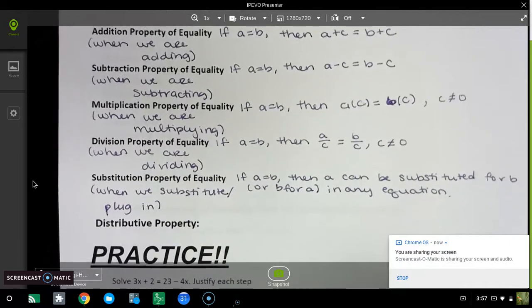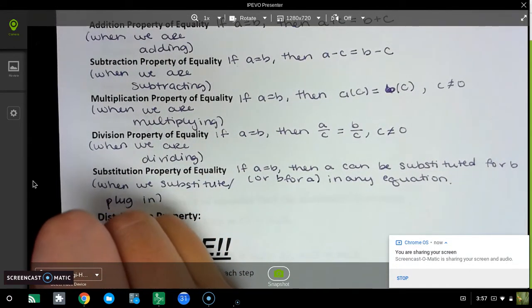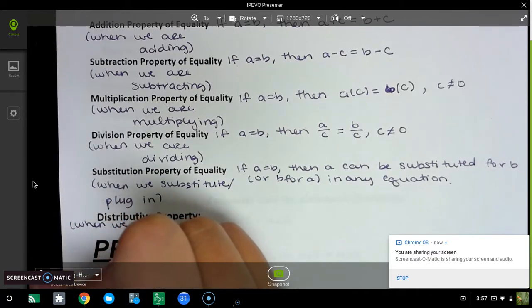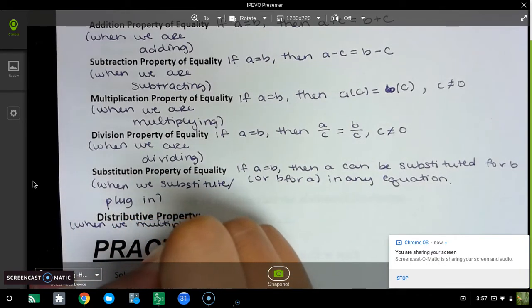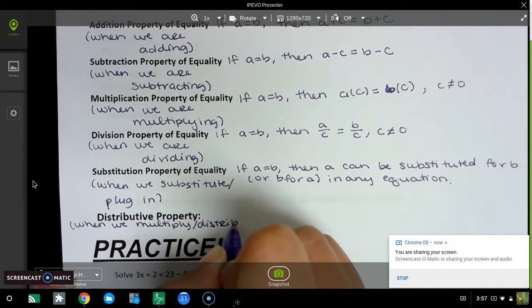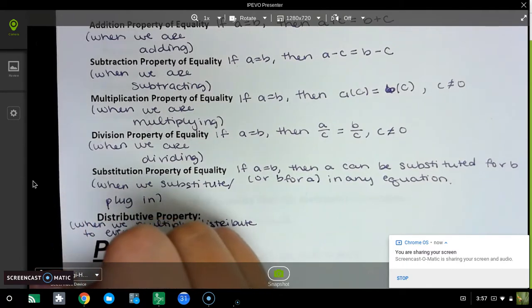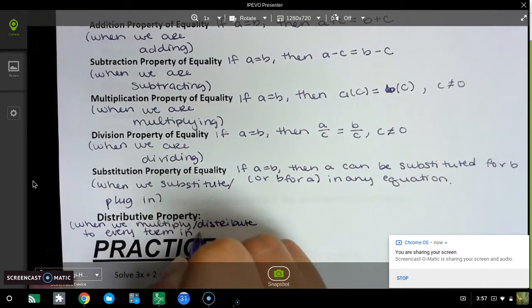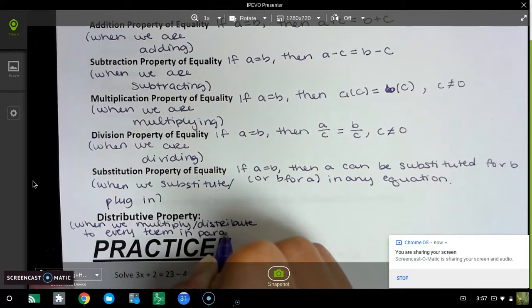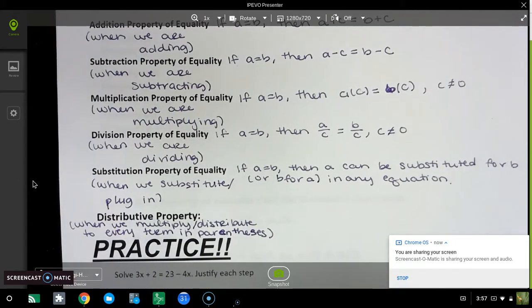Distributive property. This guy is when we multiply, or distribute, to every term in parentheses. Okay?